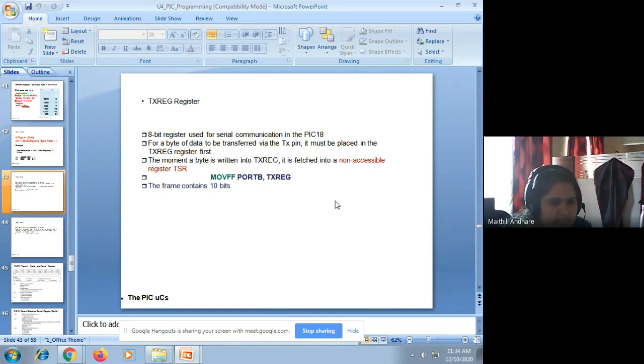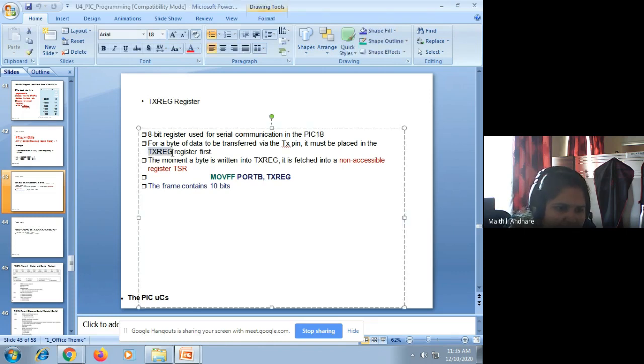SBUF is a simple 8-bit register where you store the value which is to be transferred. Here, for both operations, separate registers are available. TXREG: the byte of data to be transmitted via the TX pin must be placed in the TXREG register first.